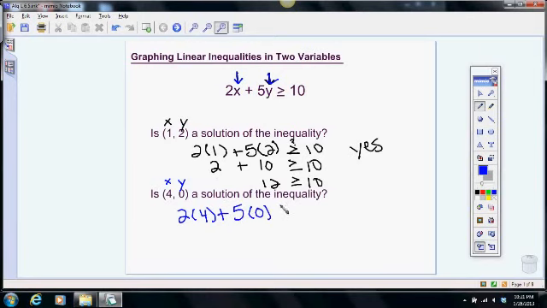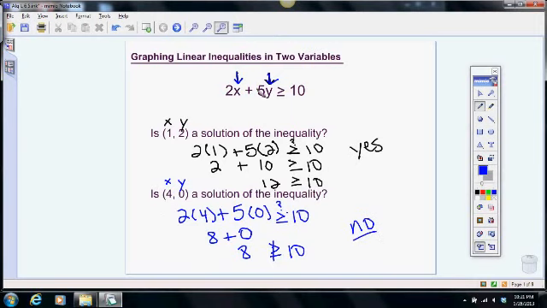And we still want to know, is this greater than or equal to 10? Well, 2 times 4 is 8, and 5 times 0 is 0. Well, we know 8 plus 0 is going to be 8, so is 8 greater than or equal to 10? No. This point is not a solution.